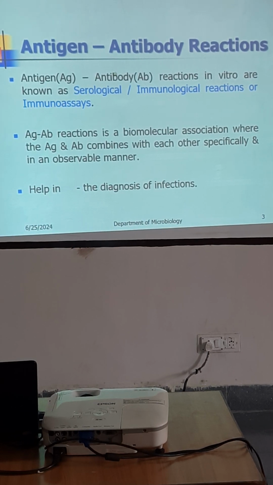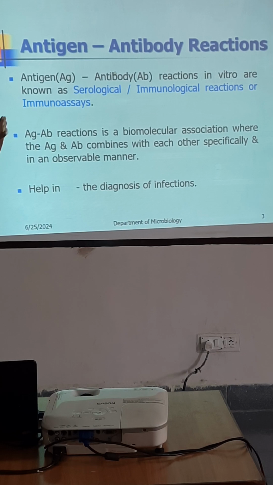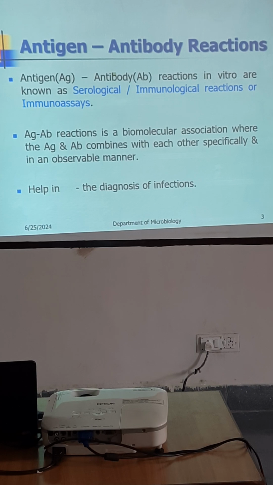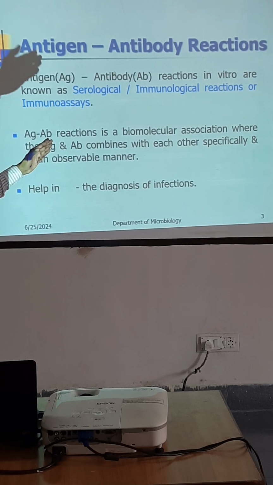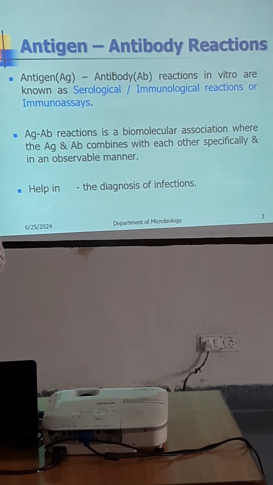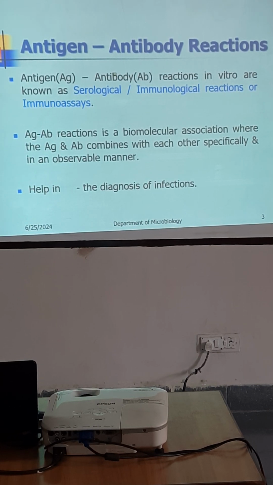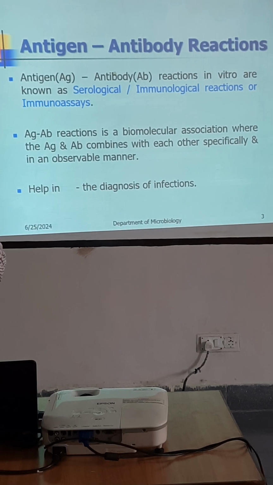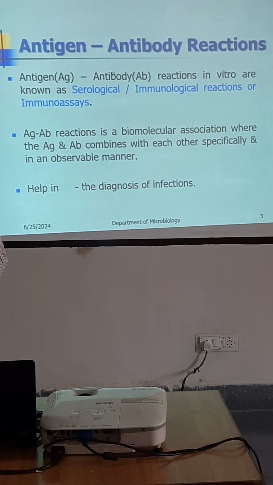These reactions are also known as serological reactions, immunological reactions or immunoassays, and these are generally in vitro immunoassays. So antigen-antibody reactions are biomolecular associations where the antigen combines with its specific antibody in a specific way, and that can also be observed in the laboratory.